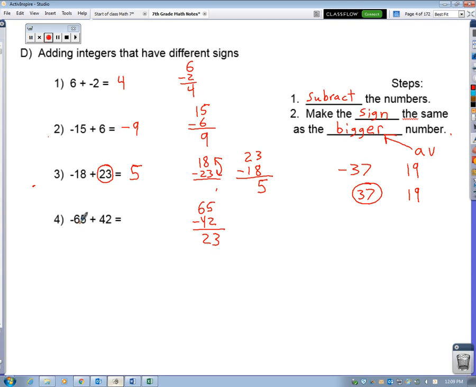Find out which one has a bigger absolute value. It is going to be negative 65 because that is further away from 0 than the 42. Since it's negative, that's going to make my answer negative. So my final answer here is negative 23. That's how we add integers that have different signs.